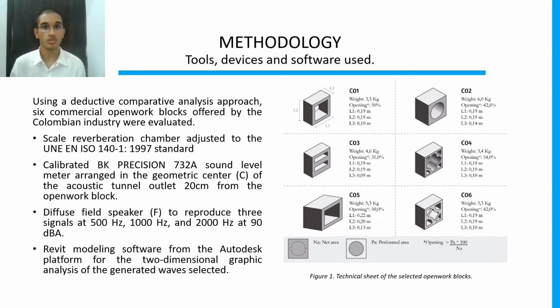A diffuse field speaker was also used to reproduce 3 different signals at 500, 1000, and 2000 Hz. And finally, we used the Revit software from Autodesk for the 2-dimensional graphic analysis.